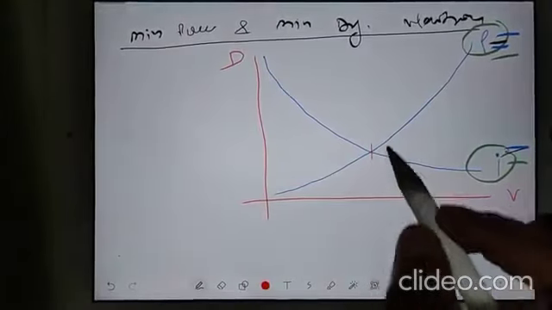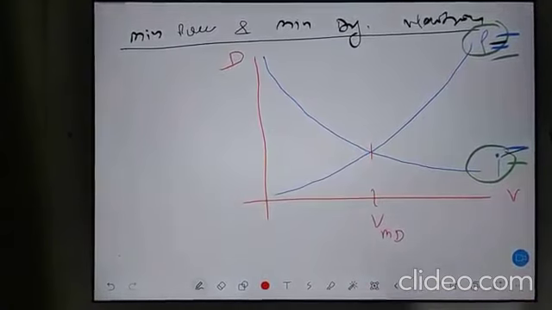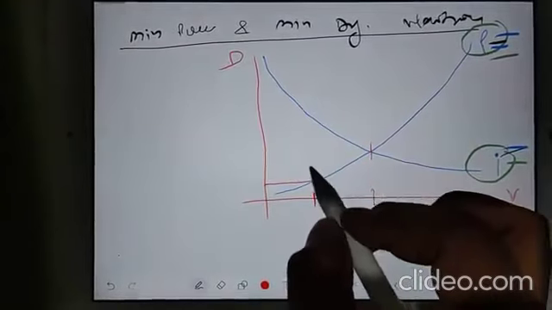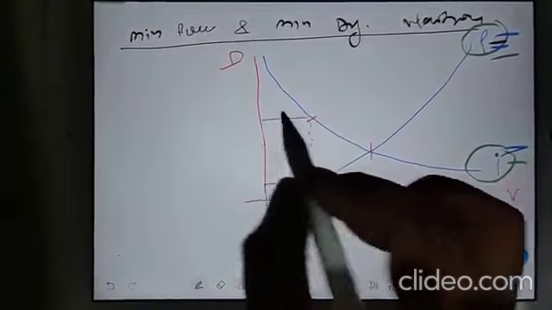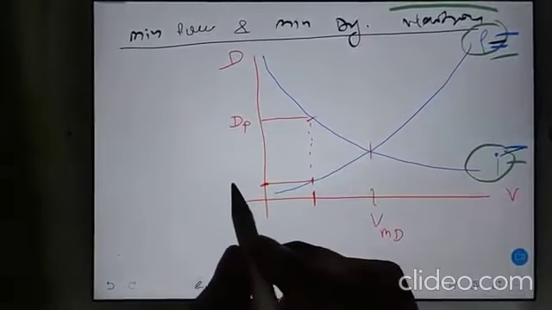Then this is the velocity where your drag is minimum, and imagine this is the velocity where this drag and this drag, suppose this is your dp and this is your di.